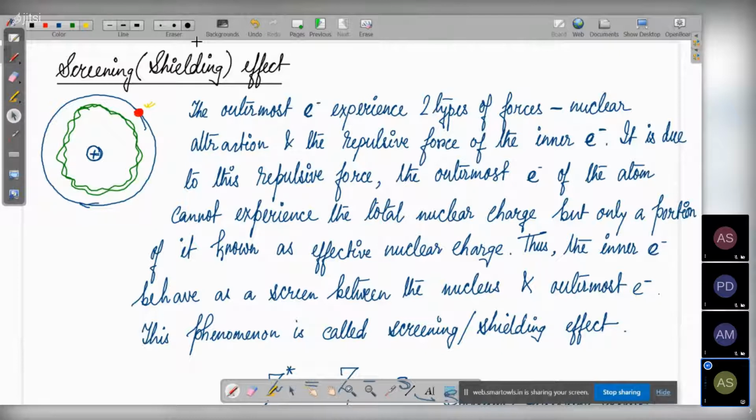So this green color zone that I have drawn, that is the inner electron, is acting like a barrier or a screen or a shield between the nucleus and the outermost electron. It's as if it is stopping the nucleus from pulling this outermost electron. Hence, this phenomenon is called the screening or the shielding effect.